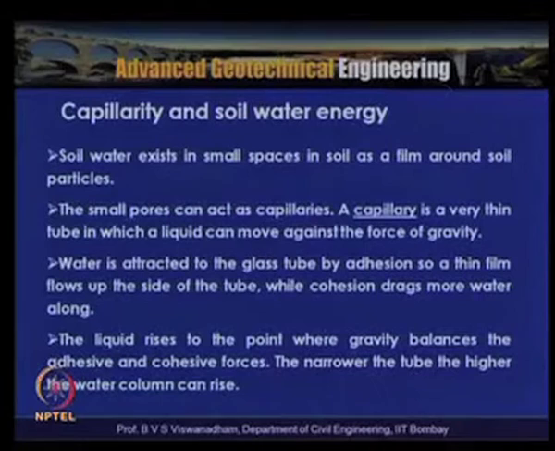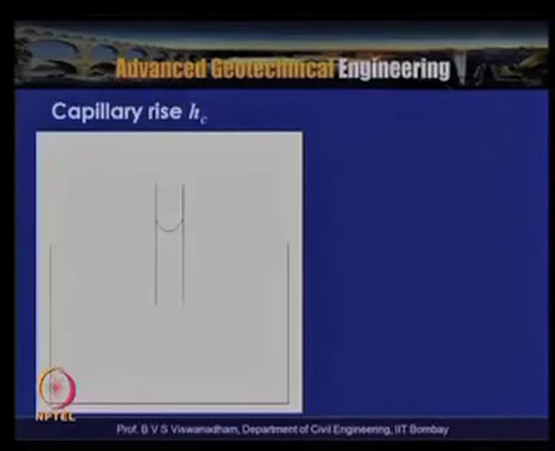Now, capillarity and soil water energy. The soil water exists in small spaces in soil as a film around the soil particles. The smaller pores can act as capillaries. A capillary is a very thin tube in which liquid can move against the force of gravity. Water is attracted to the glass tube by adhesion, so a thin film flows up the side of the tube, while cohesion drags more water along.